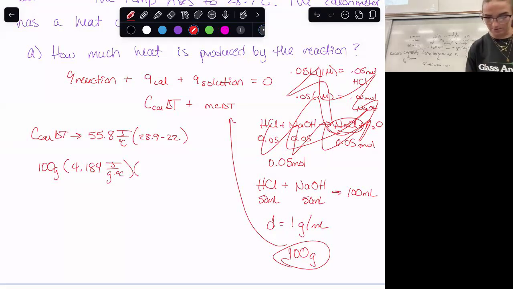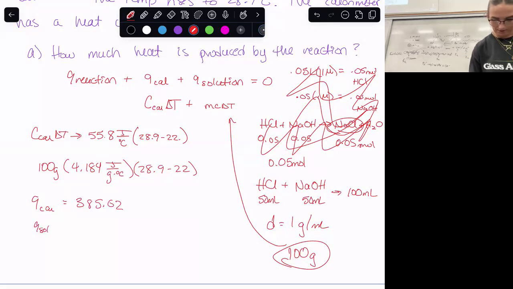And then you did 28.9 minus 22. So your Qcal will equal 385.02. And your Q solution is 2886.96.